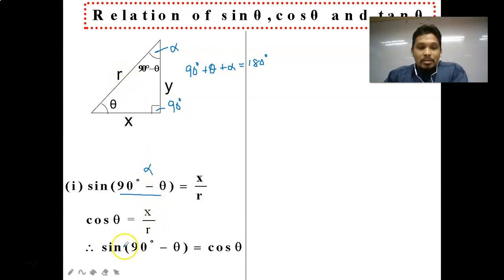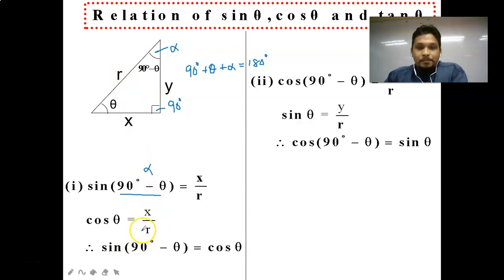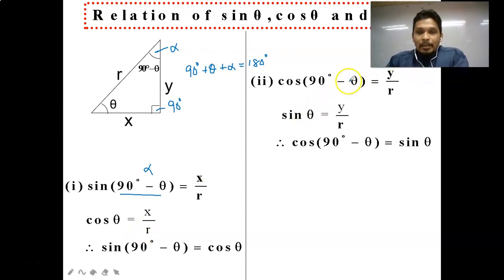So then cos of 90 degrees minus theta, which we name alpha here. So cos alpha equals adjacent, which is y, divided by hypotenuse, r.